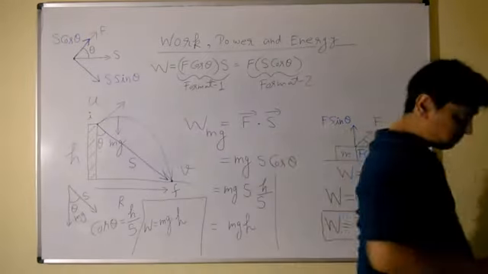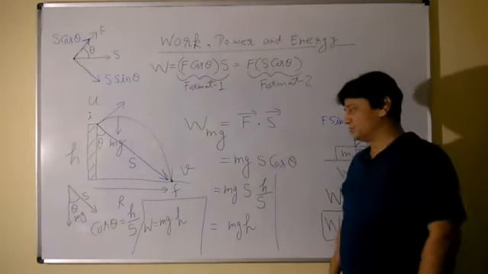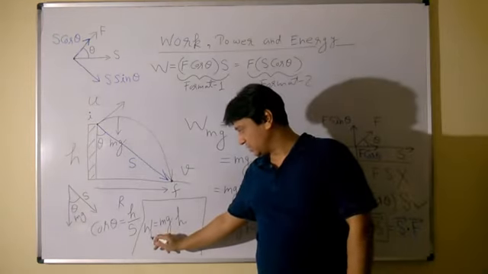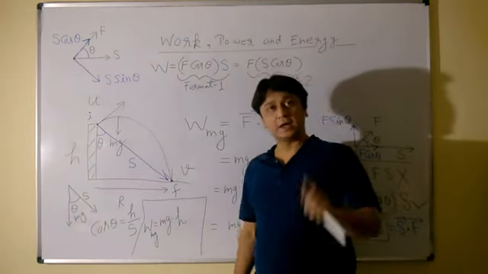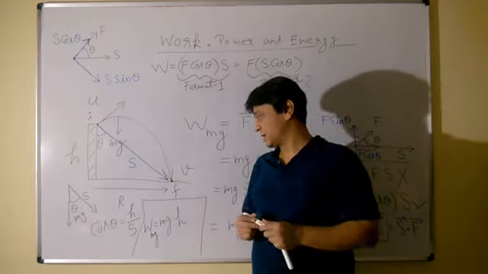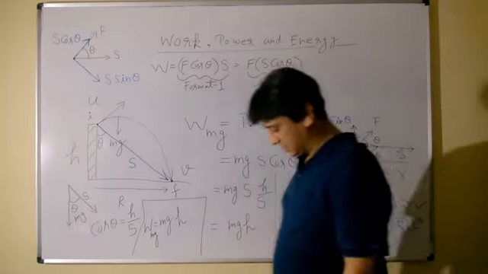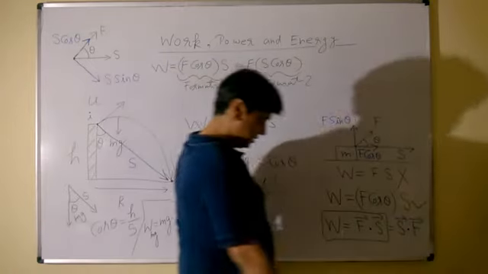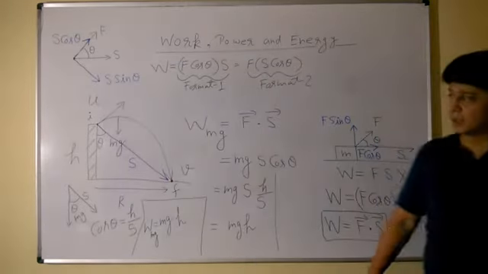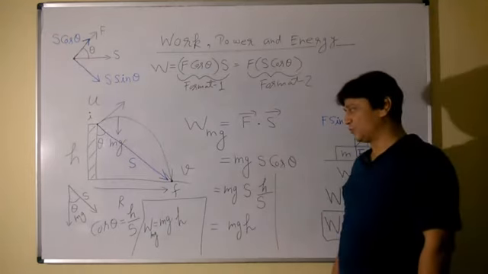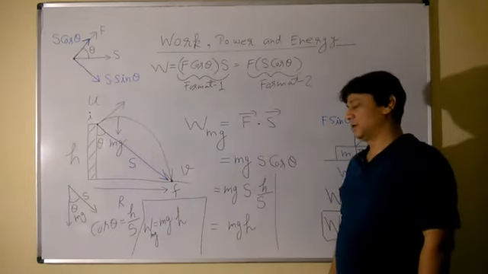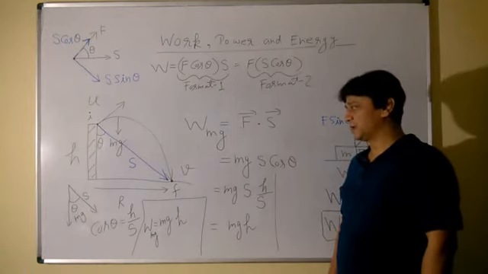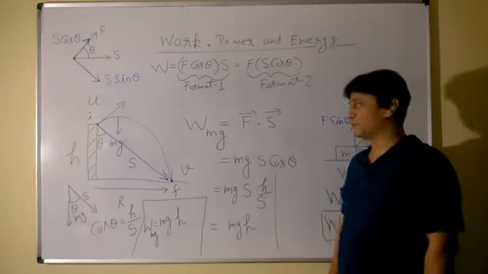Second method, work done by mg is mg multiplied by displacement in the direction of mg.